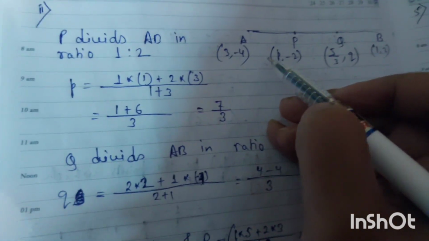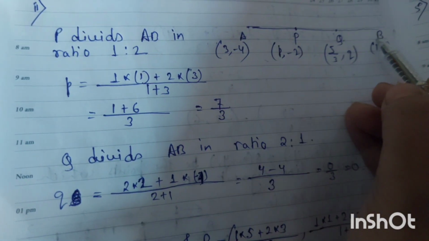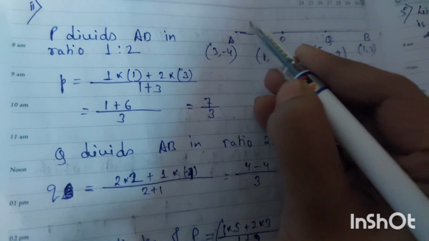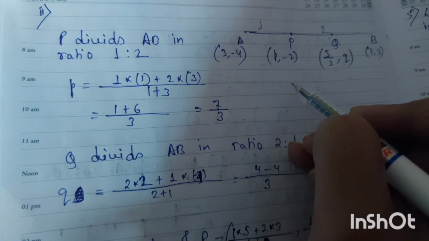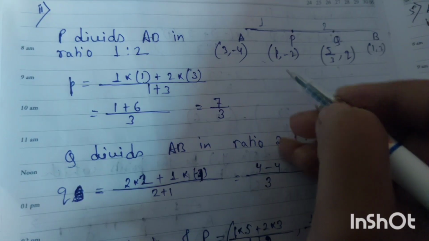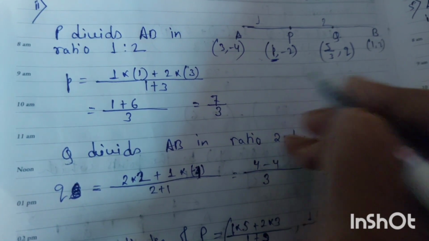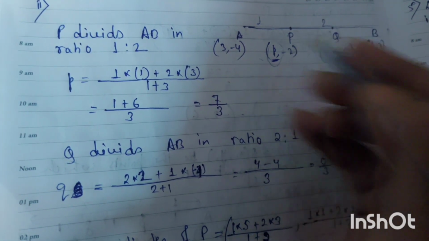So you can see P divides AB in the ratio 1:2. Use the same formula as the previous sum. I am finding the x coordinate only, because we need the value of P only.